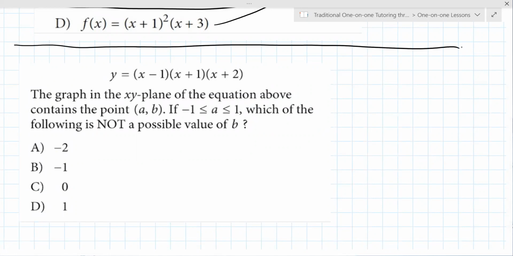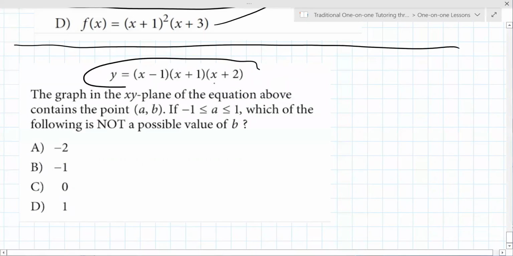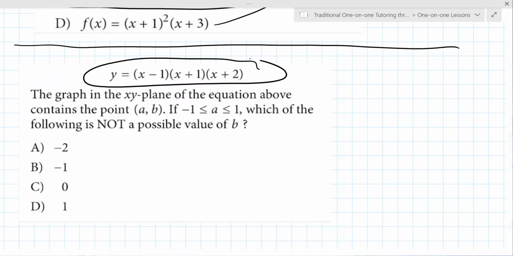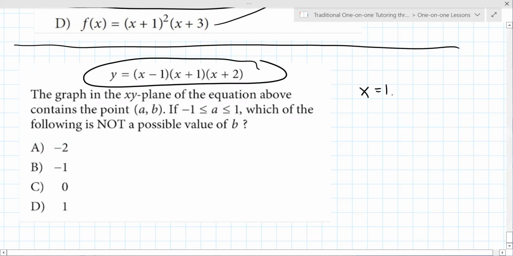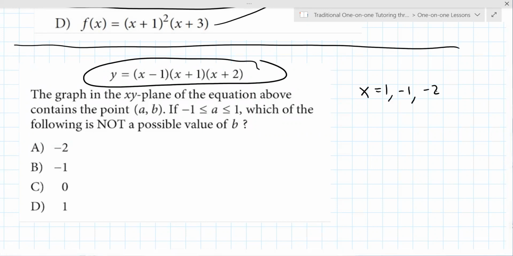So here's what I want you to do. I want you to tell me the solutions to this. So the first x would equal 1, the second x would equal -1, and the third x would equal -2. Okay. So it's saying that, well, actually this one's asking something different.